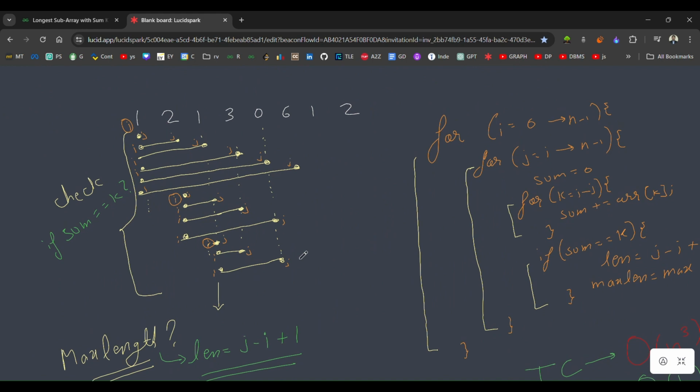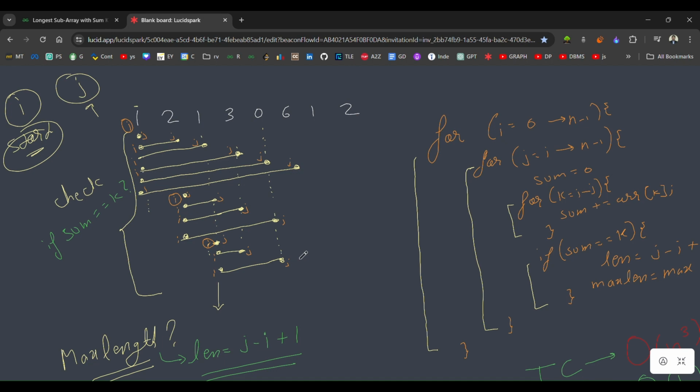So let's have a look at this diagram, right? So let's say i is the starting position and j is the ending pointer, right? So let's say this is the first subarray, only this, and 1 2 will form the next subarray, and 1 2 1 will form the next subarray, and 1 2 1 3 will form the next subarray.